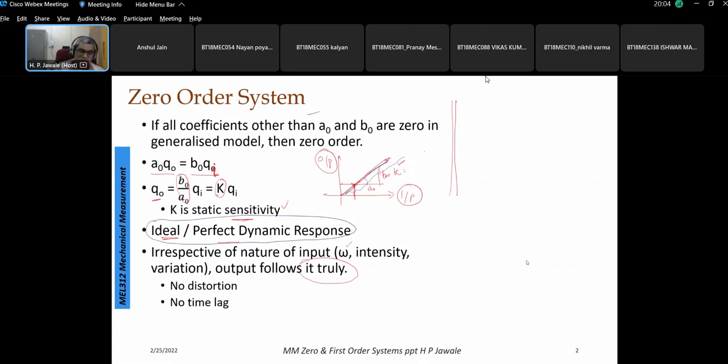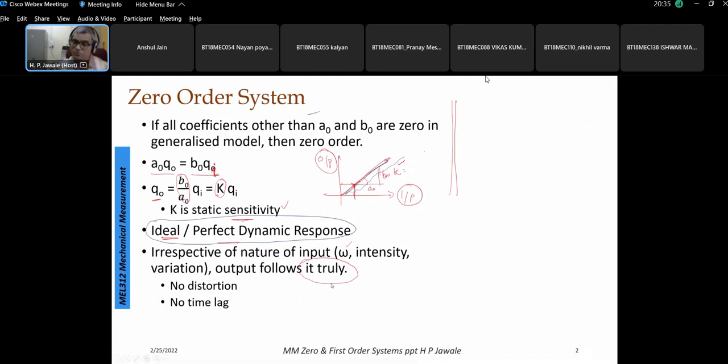So there is no distortion, there is no time lag, there is no change in the signal. The signal form is not changed, as we discussed in the last lecture, that there are different types of signals: periodic, aperiodic, transient, and random. So we found that there is no change in the output signal with respect to the input in the case of the zero order system.